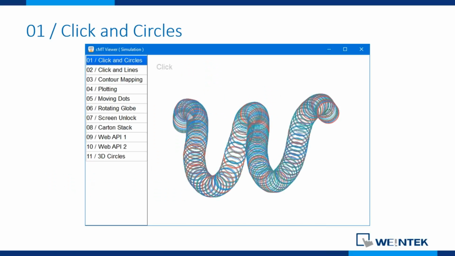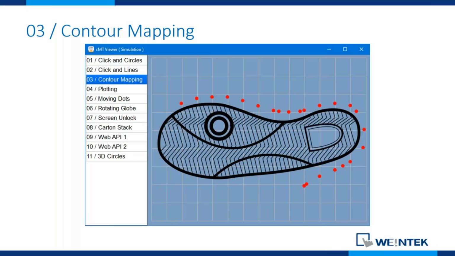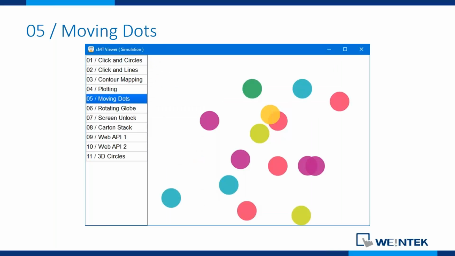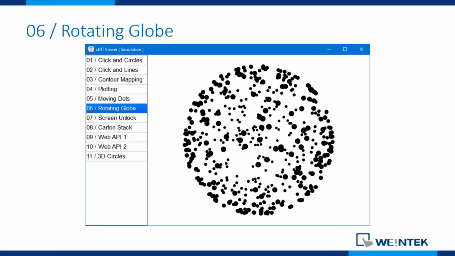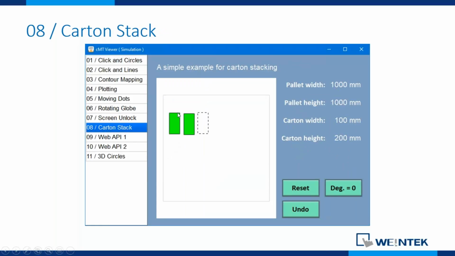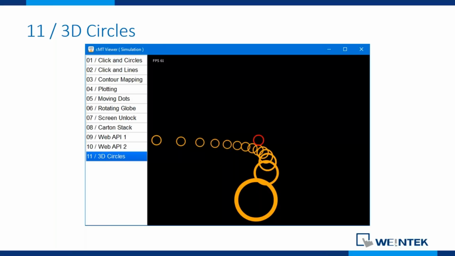So what I talked about is first click and draw circles, and draw lines, and contour mapping to put the working part on the screen and draw the contour using the red dots, and plotting to draw your math equations or different types of curves, and the animations, a 3D animation kind of like that, and screen unlock by using JavaScript object to draw the lines here, and carton stacking, and different web interfaces here, and the 3D effects, just like a screensaver.